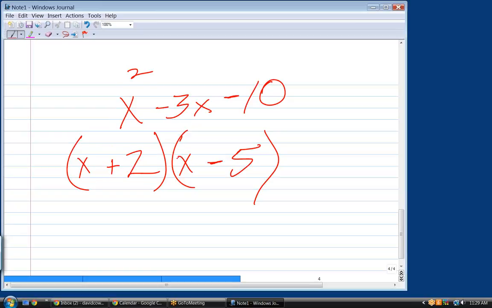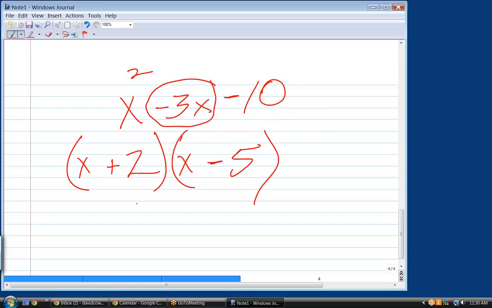I did the immediate check right after I did it. I don't need to worry. That term's not going to be wrong. Same thing with the minus 10. I did all kinds of work to find factors that multiply to minus 10. So the only term I really need to worry about is this middle term. Did I get it right?